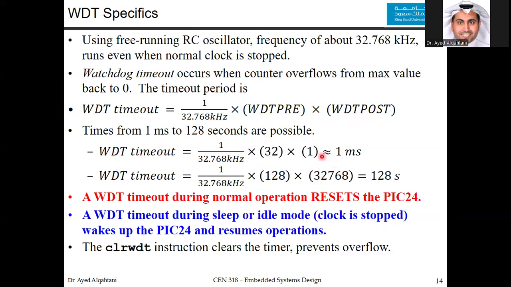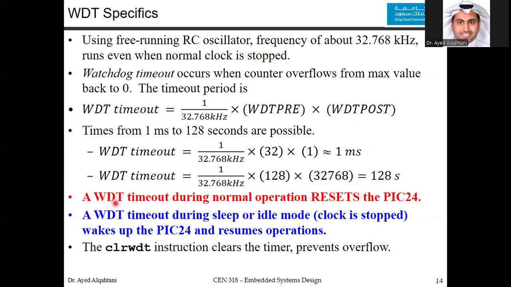Calculating the lower bound, it's 1 millisecond. Calculating the upper bound is 128 seconds. So the watchdog timer could be anywhere from 1 millisecond all the way to 128 seconds.